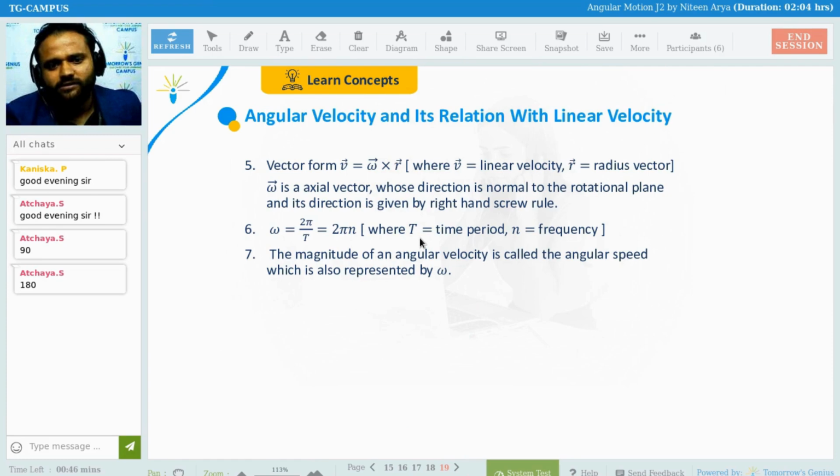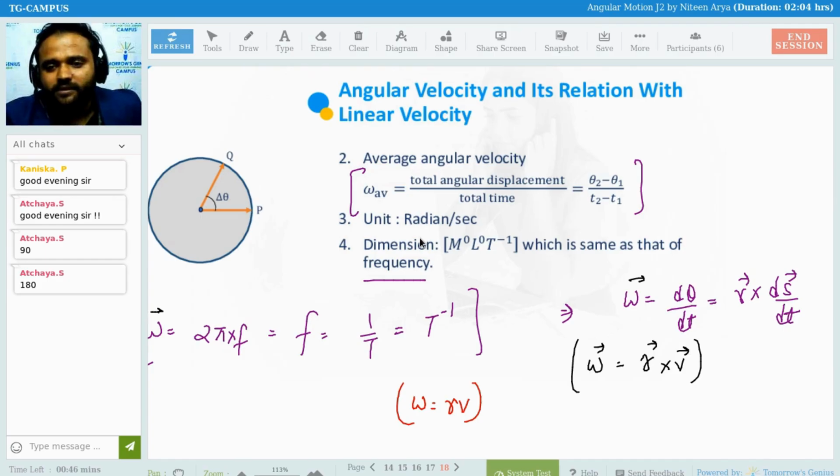Wait, this is wrong, because theta, I am always confused in this. See, theta we can define as s over r.